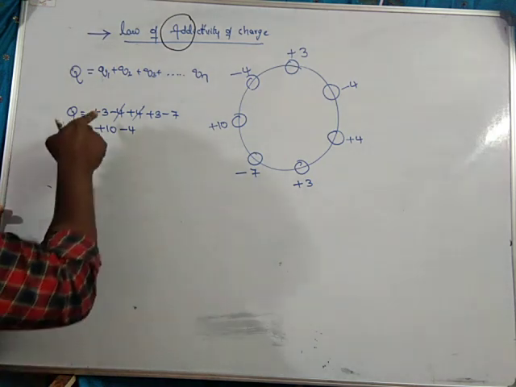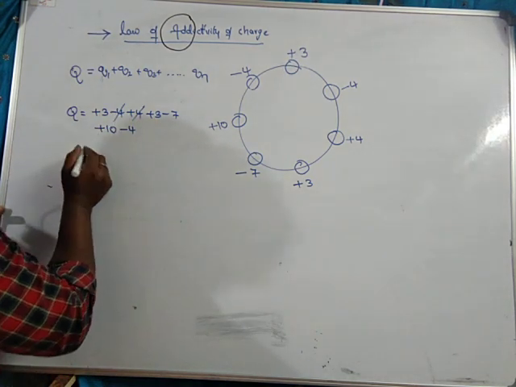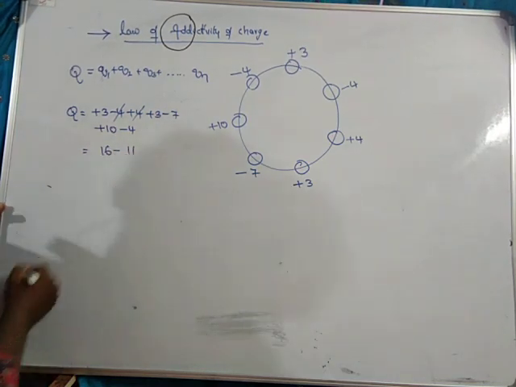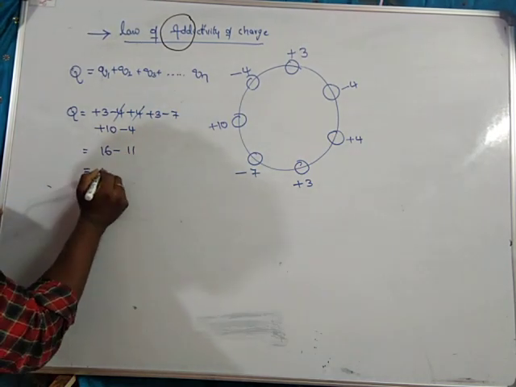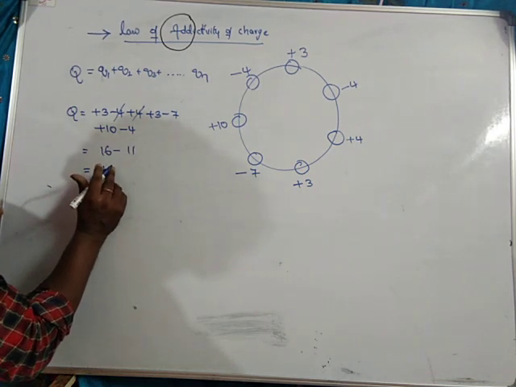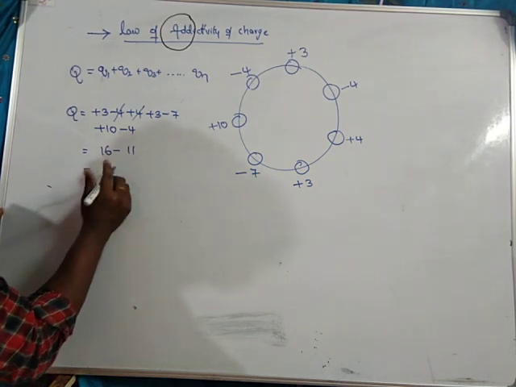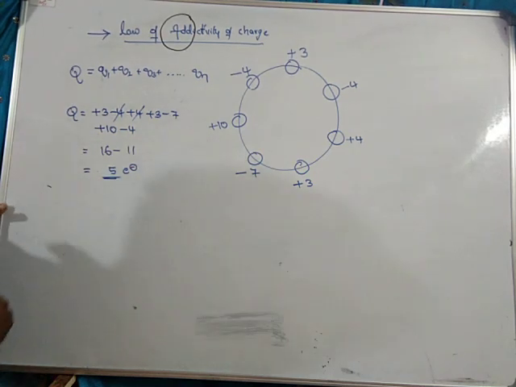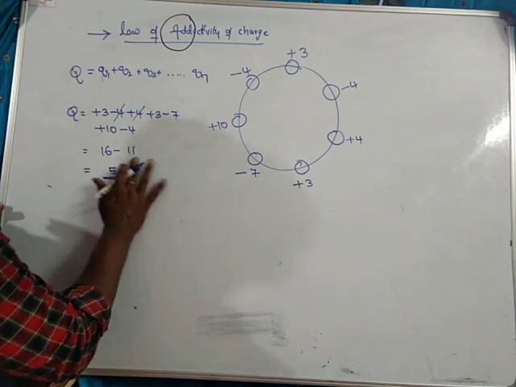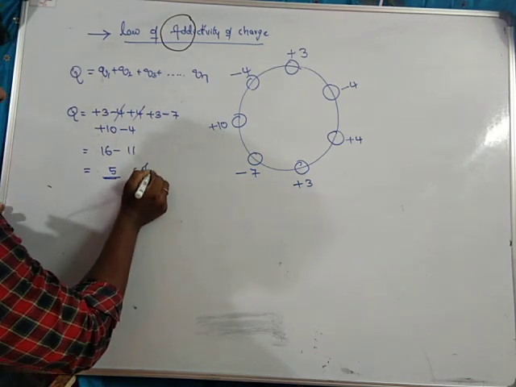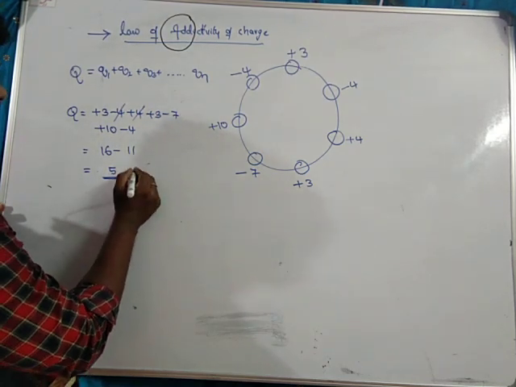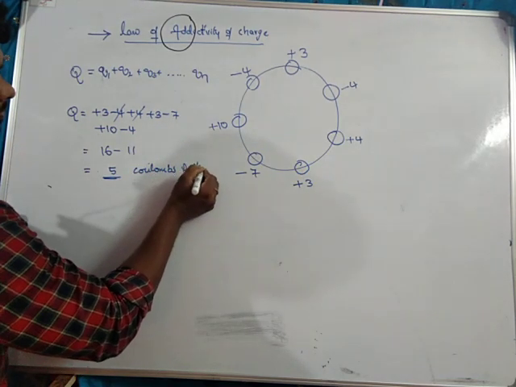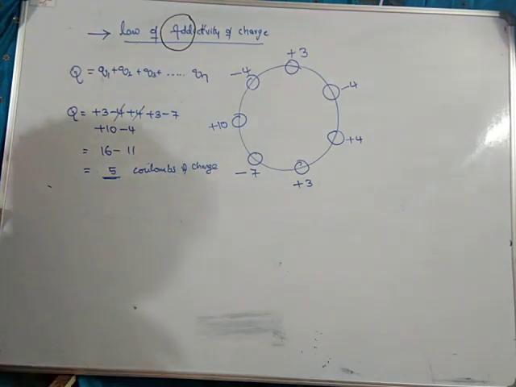Next we have 3 plus 3 plus 10, that is 16, minus 7 minus 4, minus 11. So Q is equal to 5 coulombs of charge.